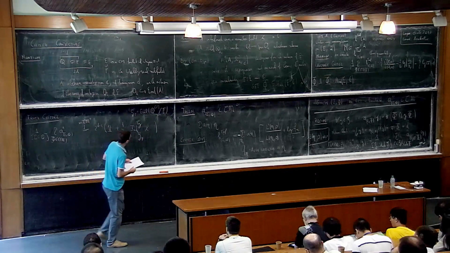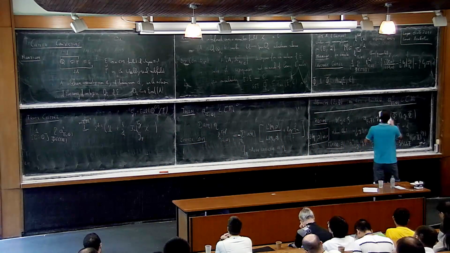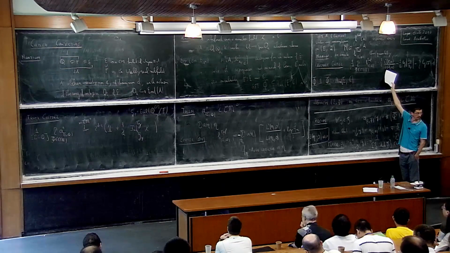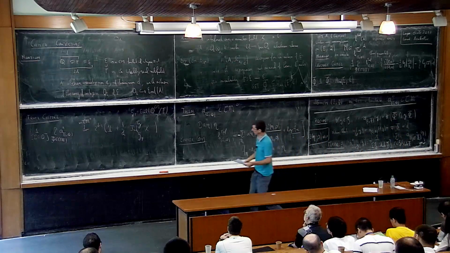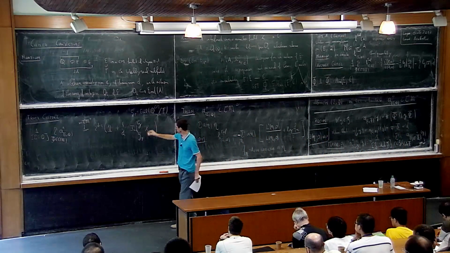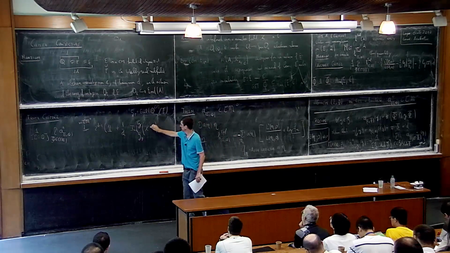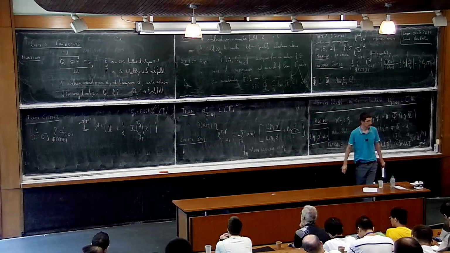So remember that we have associated a character to our extension F inside E. So that's the chi that appears here. I induce the character, and you can prove, in fact, that you have an equality of functions.